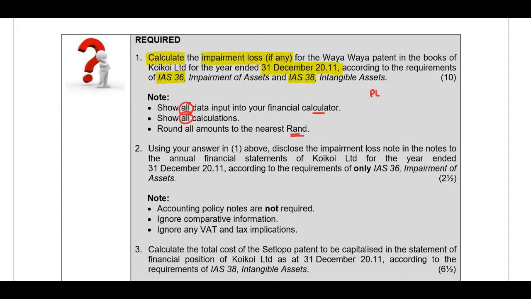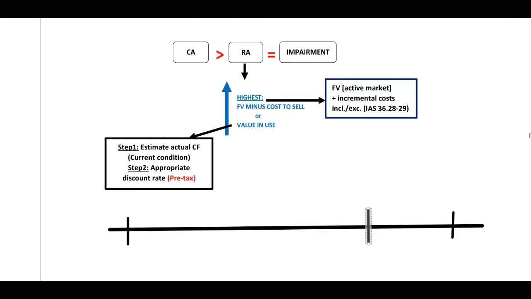Now, what is your plan of action? Number 1, I will draft the principles, which I need to identify. I will write this down. Number 2, I will include my timeline. And number 3, I will perform my calculations as per the principles based on the information of my timeline. Therefore, I have my principles at the top.